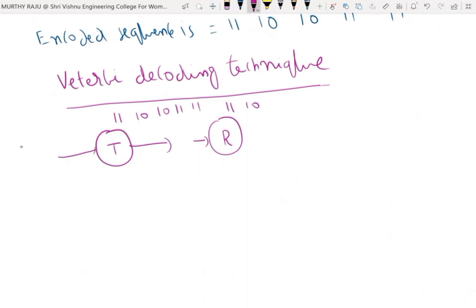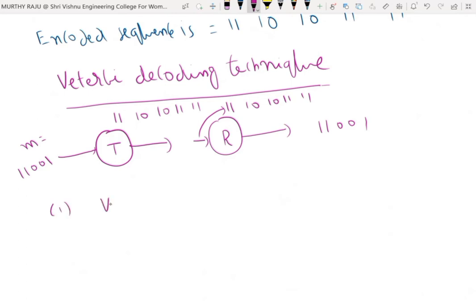This is the message sequence. M is equal to 1, 1, 0, 0, 1. The receiver receives the sequence and again produces 1, 1, 0, 0, 1. Viterbi decoding technique uses the Viterbi algorithm and decodes the received sequence.